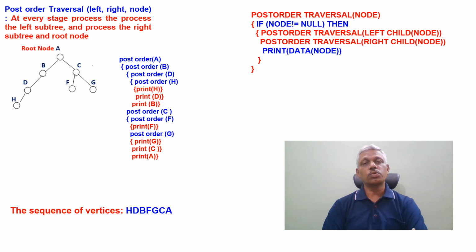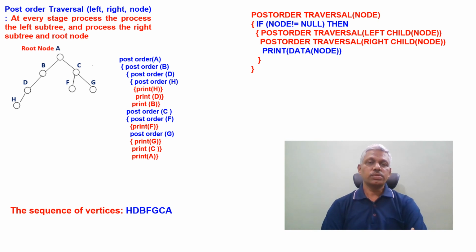So immediately we'll go to the right subtree of A, C. Again go to the left subtree of C, F. At F, no left subtree, no right subtree, print F. Then the left subtree of C is over, go to the right subtree of C. At G, no left subtree, no right subtree, print G, and then print C, and then this completes the left and right subtrees of A, print A at the end.